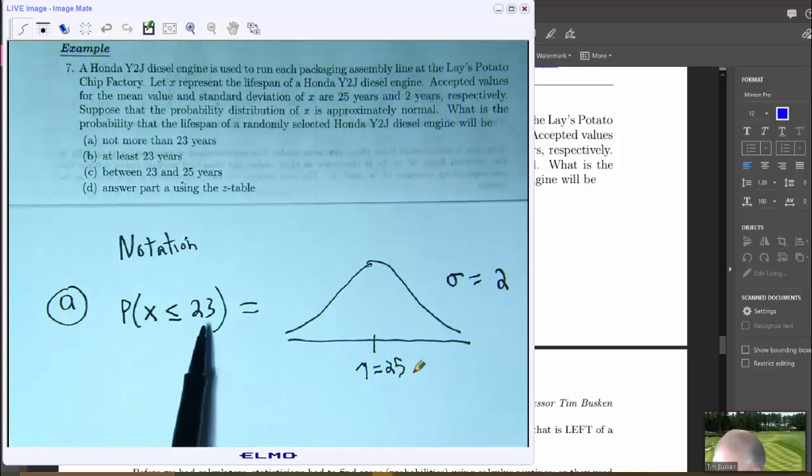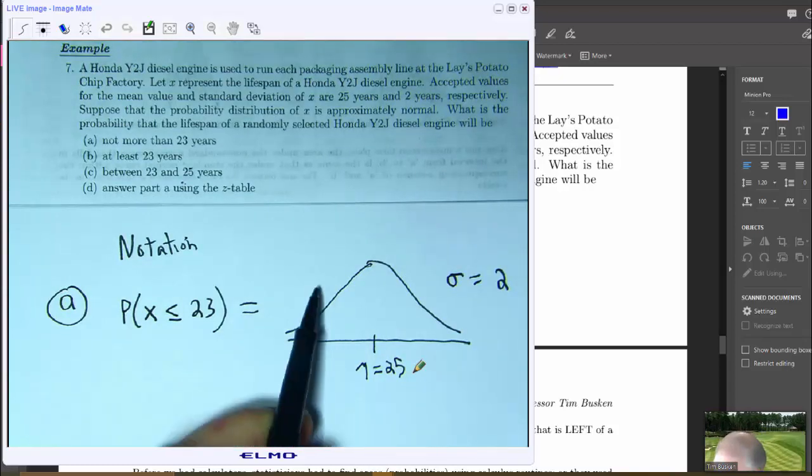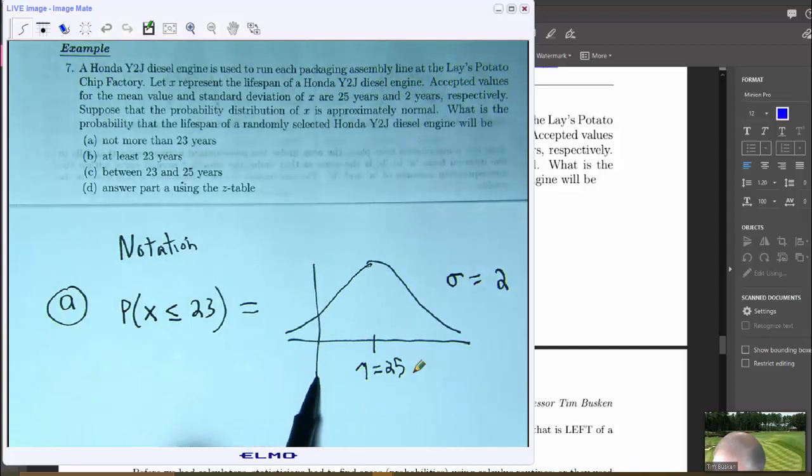So we're going to locate 23. It's left of center. Because the question is asking us for a less than or equal to, we're going to shade to the left of x equals 23, because that's the area that we need to find this probability.